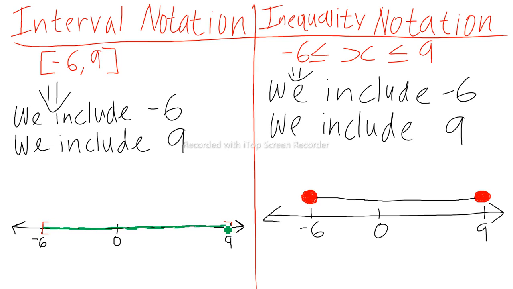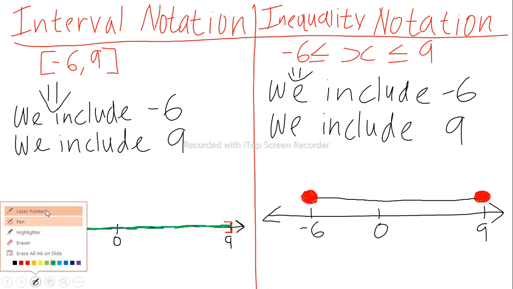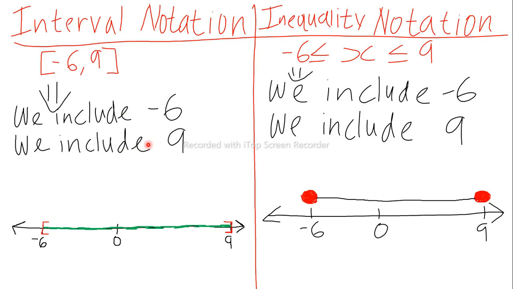We include all the numbers in between and also the endpoints. A nice happily ever after, everyone is included in this one. So there you have it: interval notation and inequality notation, where both of them are closed intervals.